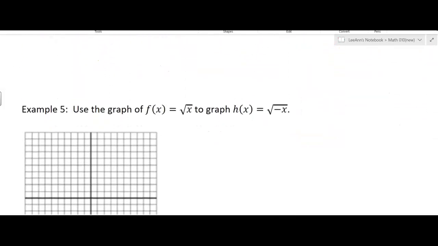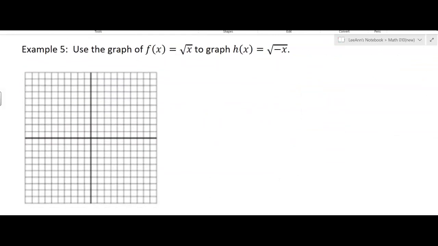So they give us an example here. It's the square root function. So it's just what we were talking about. You can graph the regular one, the common one. 1, 2, 3, 4. Okay, but now we're going to reflect this, and it's a reflection about the y-axis.